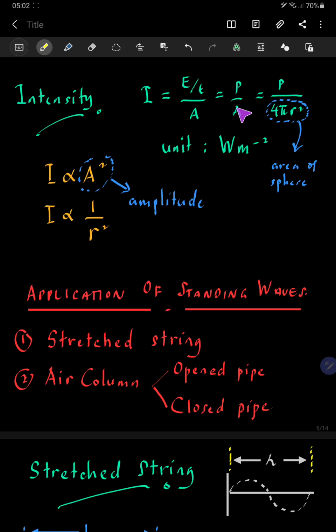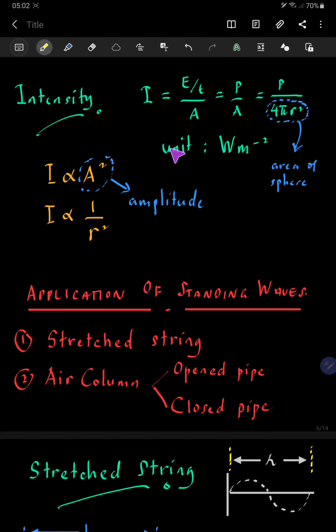For any spherical shape, the area is 4 pi r squared, where r represents the distance between the source and the point, or the surface. So the unit of intensity is watt per meter squared according to this equation.